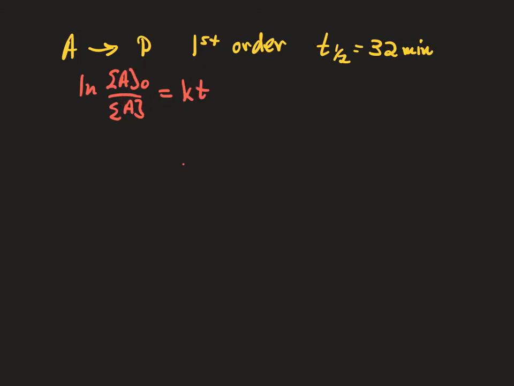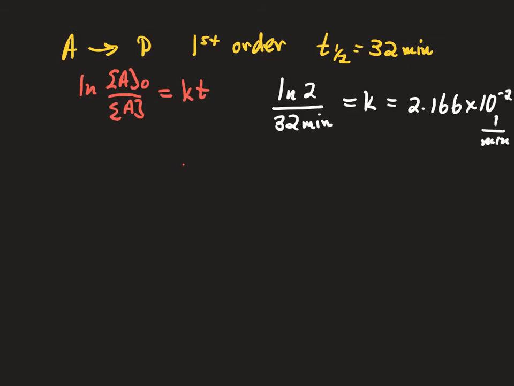So we can find K pretty easily: the natural log of 2 divided by our half-life time, 32 minutes, will equal K, which ends up being 2.166 times 10 to the minus 2 per minute. That's what we get for K.